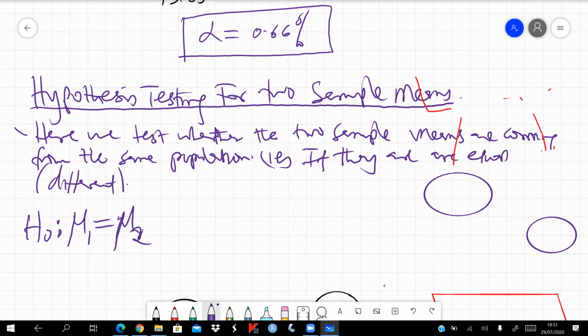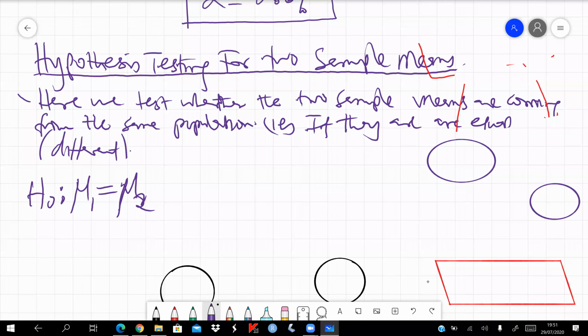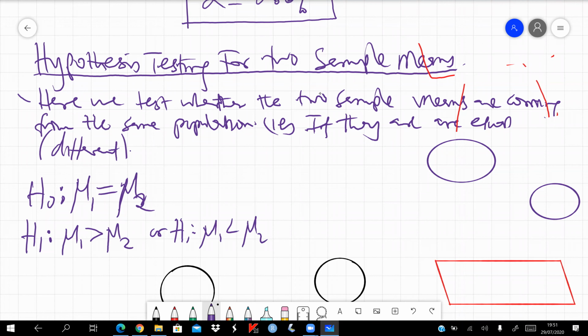In other words, the two samples are coming from the same population. When mu1 is equal to mu2, it means that the population is the same. And the alternative has 3 possibilities. That is, either H1 that mu1 is bigger than mu2, or H1 that mu1 is less than mu2, or H1 that mu1 is different from mu2.